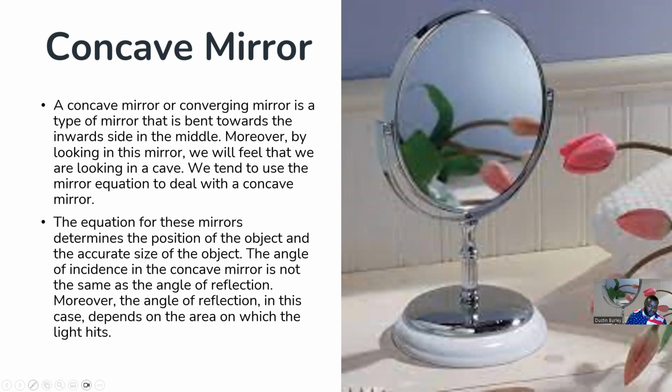Notice that the rays of light shown are parallel to the optical axis. The optical axis is an imaginary line that divides a mirror in half, much like the equator.